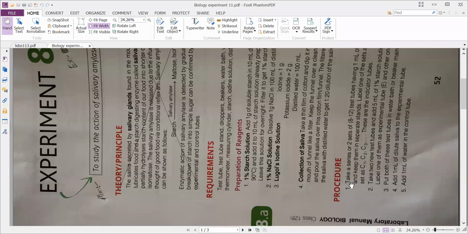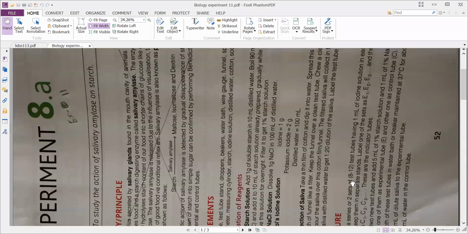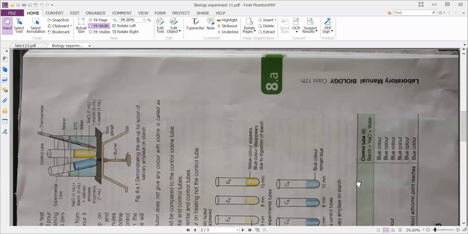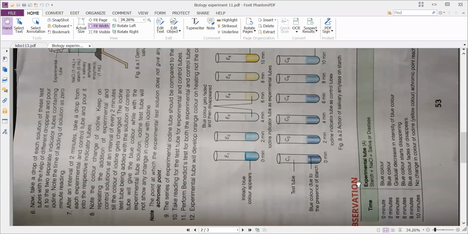And next, coming to the procedure. Procedure you have to write on the right side. You have to write the procedure up to 8 points. From the note, points 9, 10, 11, 12, no need of writing those.